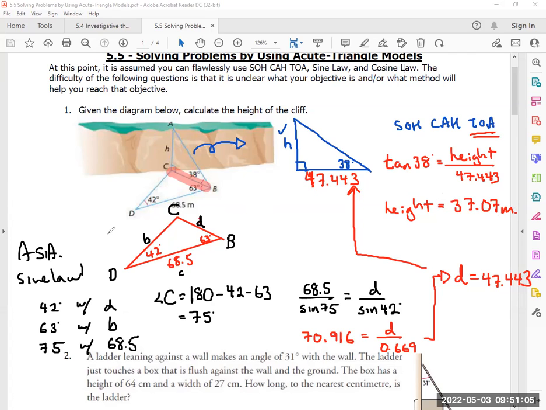So look how long that is. And I do expect it to take you a decent amount of time. Number one, because you have to figure out a game plan. You got to figure out, what am I going to do? Like I did. I wanted height, so I need to decide, where do I get the side? From the other triangle. How do I solve the other triangle? Sine law. It was long. Once you make that conscious decision, this is going to be my step-by-step game plan.